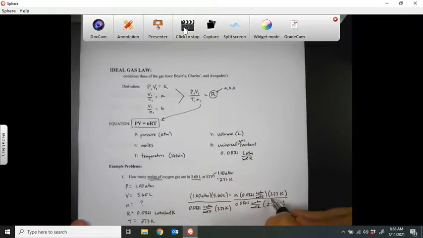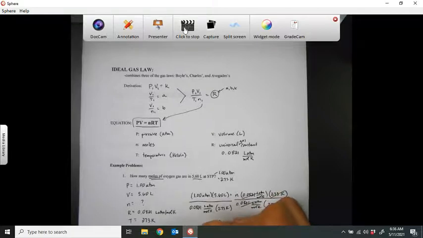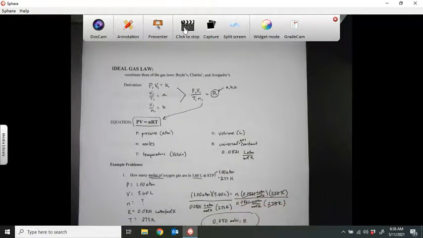So that crosses out that and leaves N by itself. So we take 1.00 times 5.60, hit equals, divide by 0.0821, hit equals, and then divide by 273. And we round to 3 significant figures, and we get 0.250 moles for our answer. So that is our first problem.